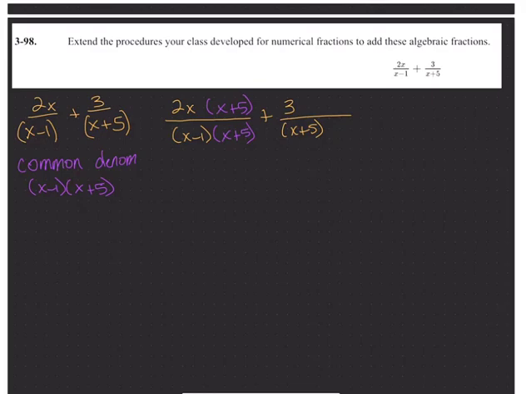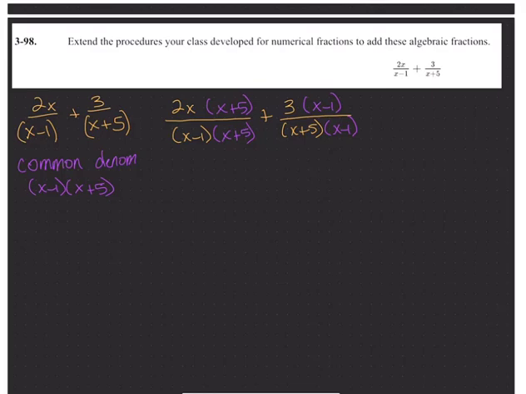And then when I look at my second algebraic fraction, they gave me the x plus 5, but I'm missing something. What am I missing? I'm missing the x minus 1. So I need to multiply by my x minus 1. Since I multiplied the bottom by it, I need to multiply the top by it as well.